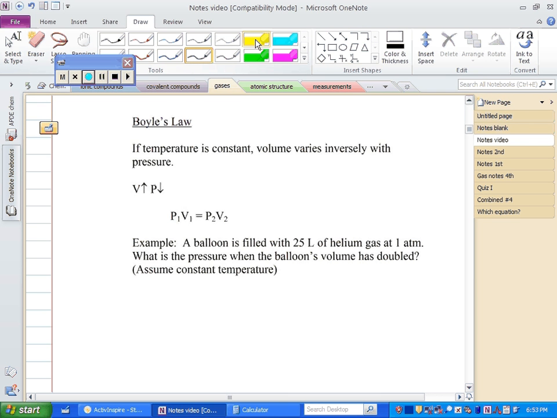Boyle's law is our first law, first equation. Volume varies inversely with pressure, so volume up, pressure down.